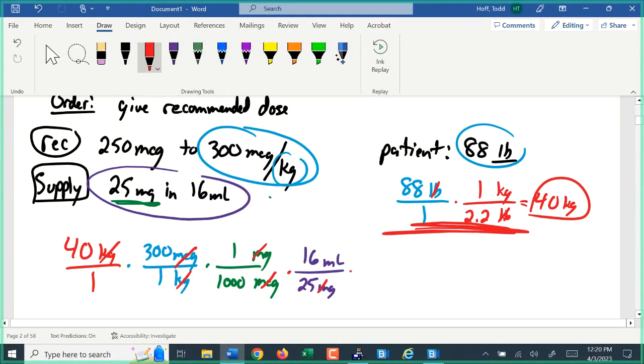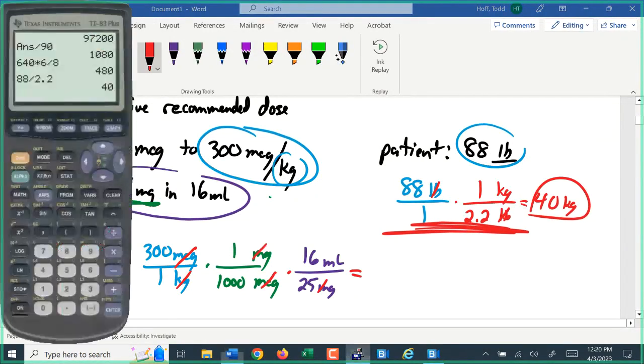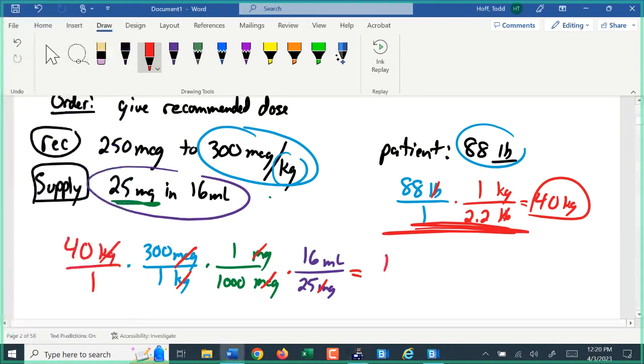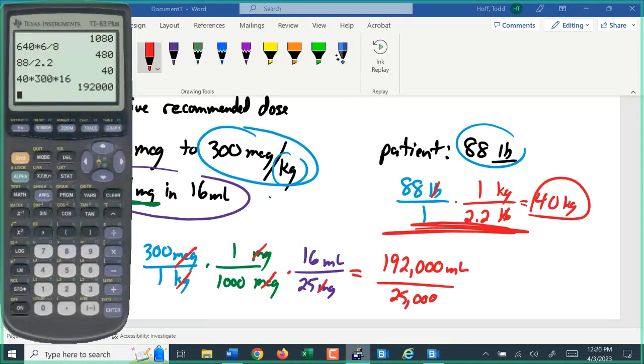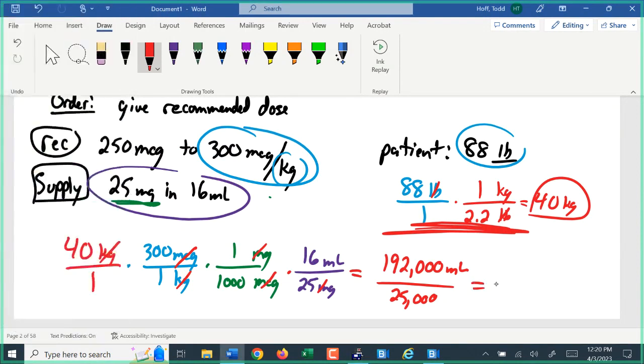So we go ahead and calculate this out. 40 times 300 times 16 gives us 192,000 over 1 times 1,000 times 25, which is 25,000. So we divide that out, giving us 7.68 milliliters is the maximum dose.